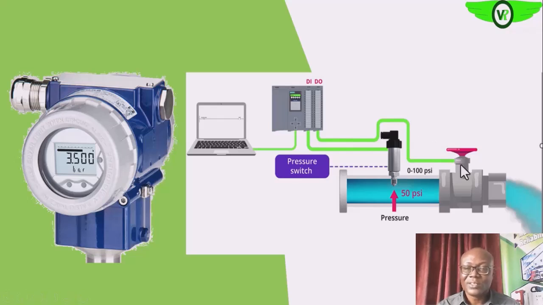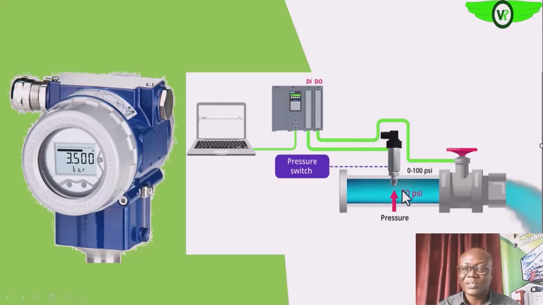Okay, so this one is basically to control flow, and as the flow is controlled, the pressure is monitored. If the pressure is high on the upstream, that is upstream of this valve, okay, flow could be increased to reduce this pressure.